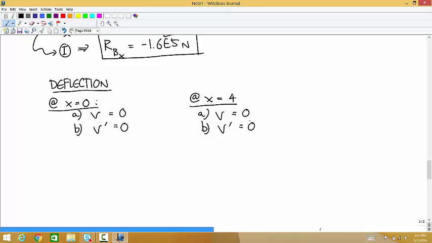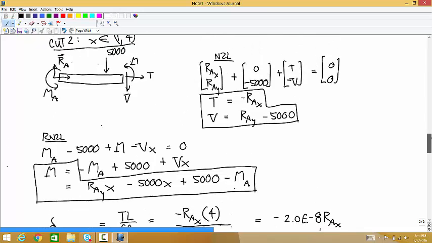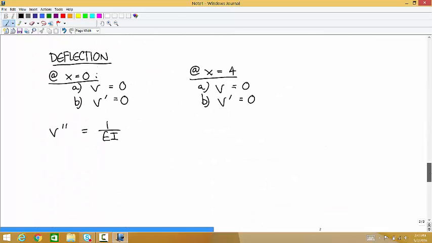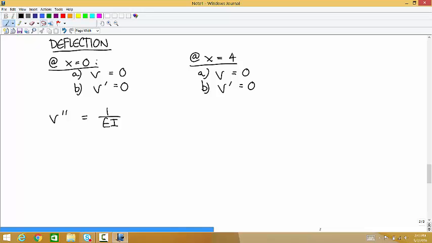All right, so our deflection equation says V double prime is equal to 1 over EI times the moment equation. And we're going to have to break this up into two pieces because our moment function is different for cut 1 and for cut 2. So for cut 1, this is the one that's valid for x values between 0 and 1.